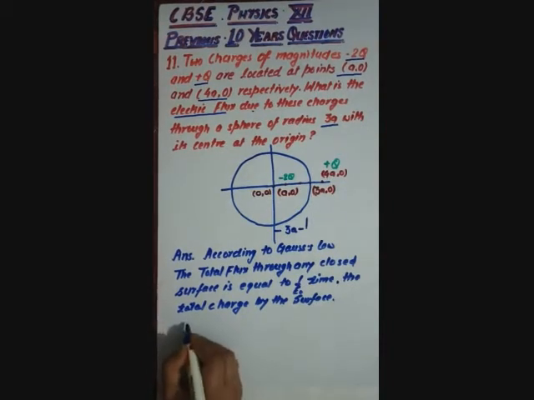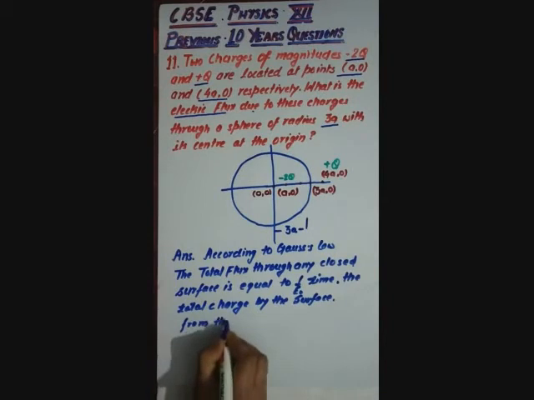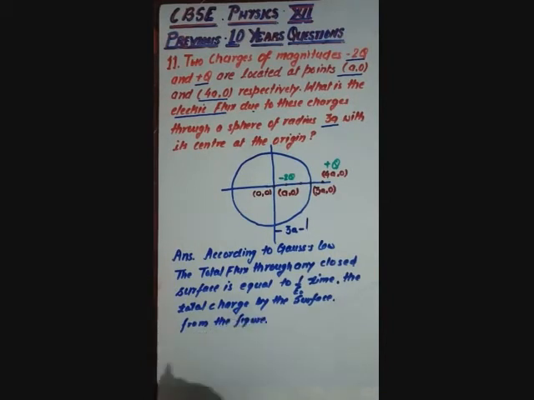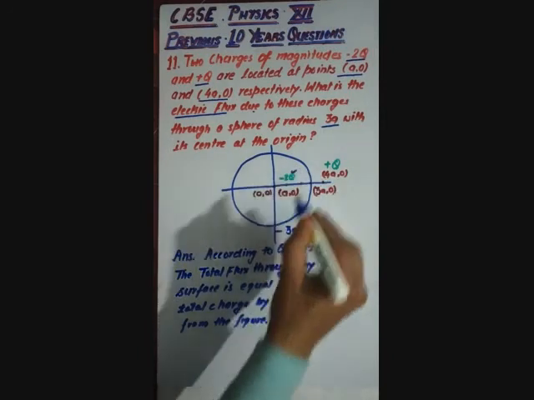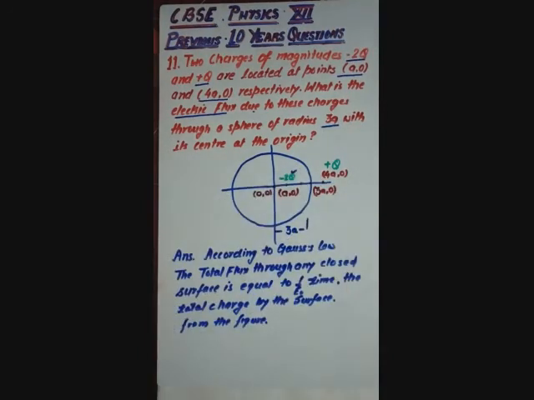From the figure, only the negative 2q charge will be enclosed.